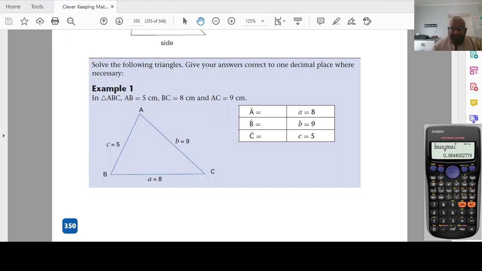So that's 0,889, and the number of course carries on. So angle A works out to be arc sine of that answer. It's going to give you 62,2. Okay, so now we have angle A to be 62,2.